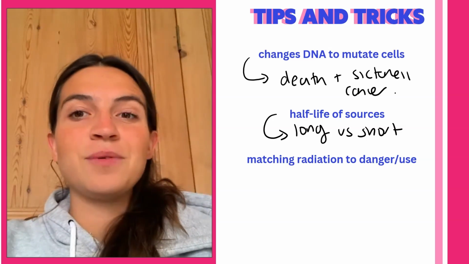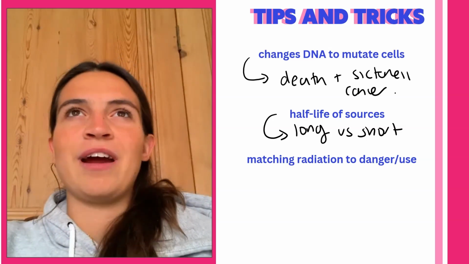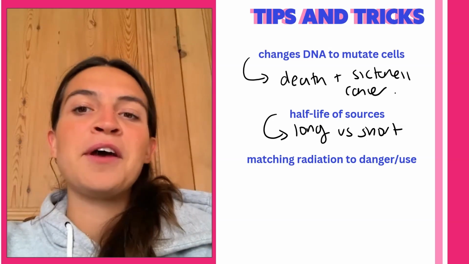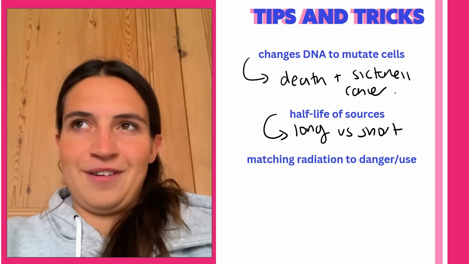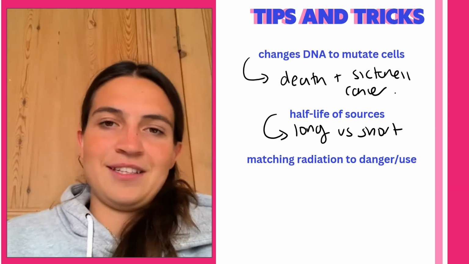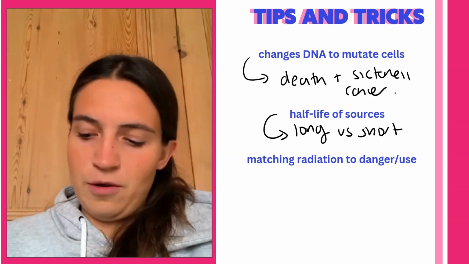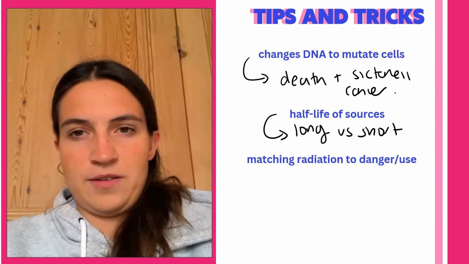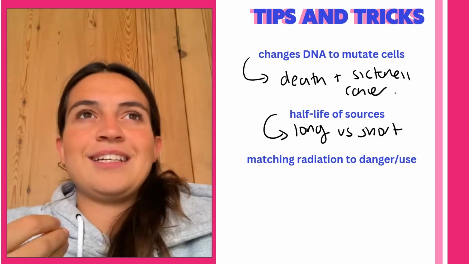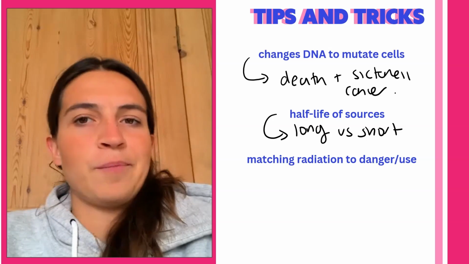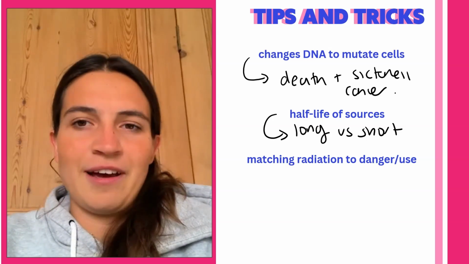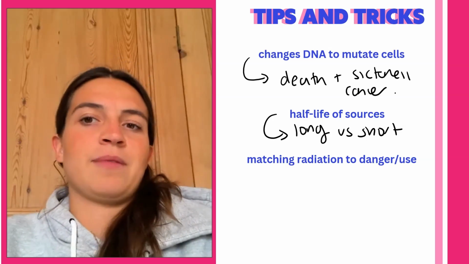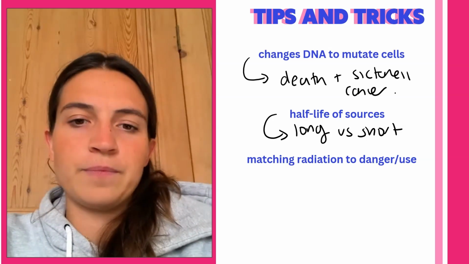But anything to do with a patient where you don't want them to be radioactive for a very long time could be a shorter half-life, but you need to balance that with how long it takes to get the radioactive isotope from the source to the person, and to make sure that it hasn't decayed too substantially by that point, so no radiation would be detected by a detector. So that one's a bit of a balance, but something like 6 hours is good for that one.